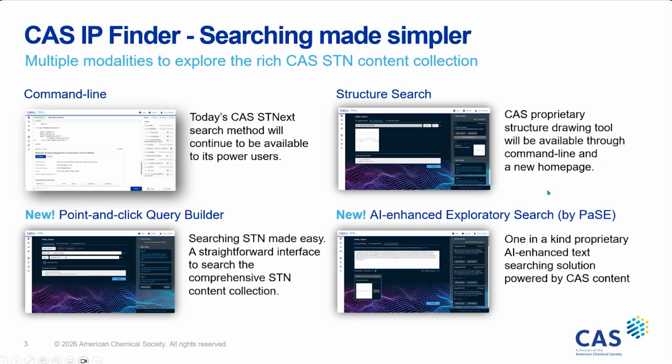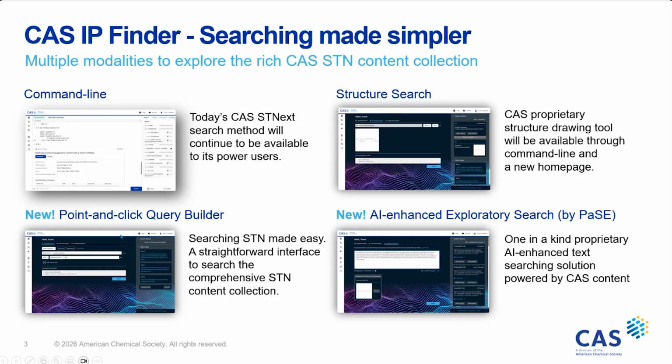In the top right corner here, we have a new graphical user interface to support chemical structure searching. As you'll see, this does enable searching within our traditional structure databases, not only CAS's registry, MARPAT, and CAS React, but also the Derwent and Reaxys substance databases.